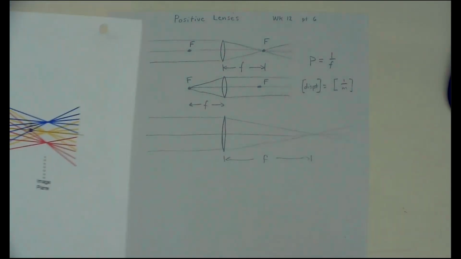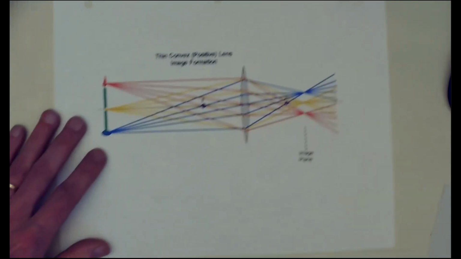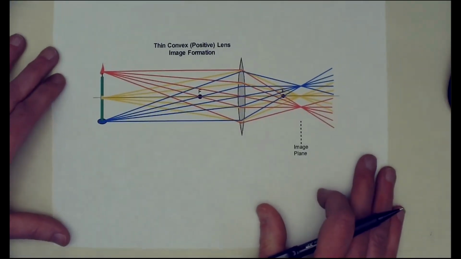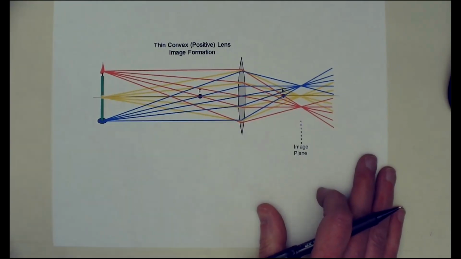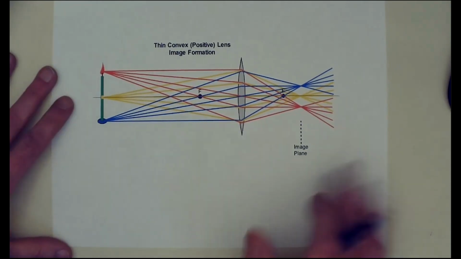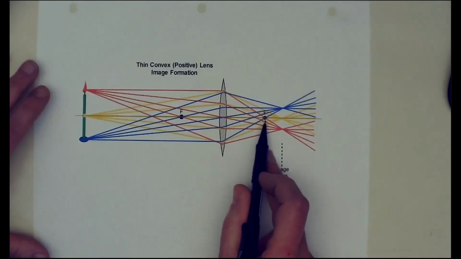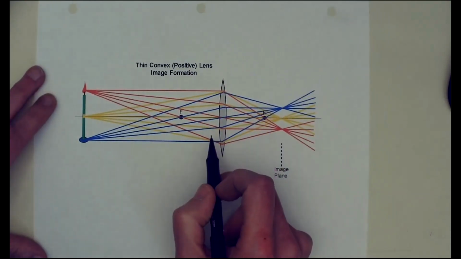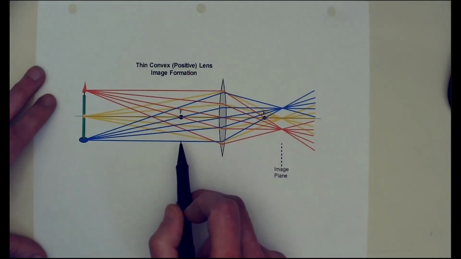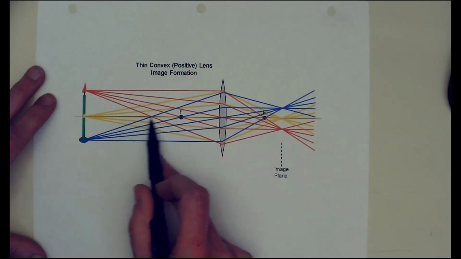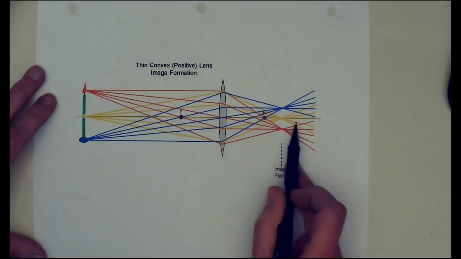Now let's take a look at this picture that I have shown you before. We can look at a couple of particular rays and see what's going on with this focal point here. Notice I've labeled them on here. They've been here the whole time. But notice that the rays that are coming in here, this red ray across the top, is parallel to the optical axis.